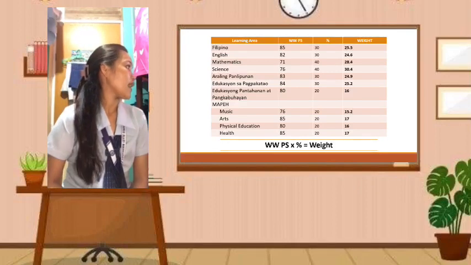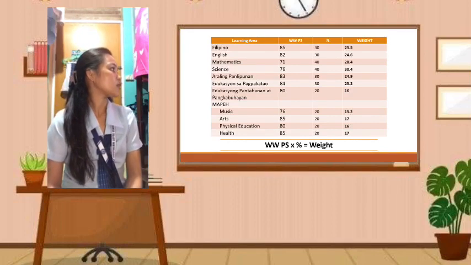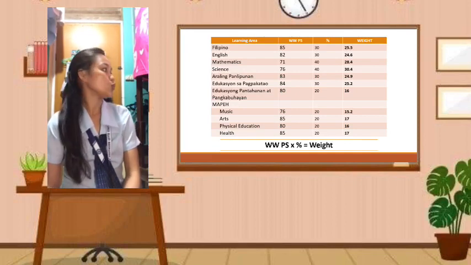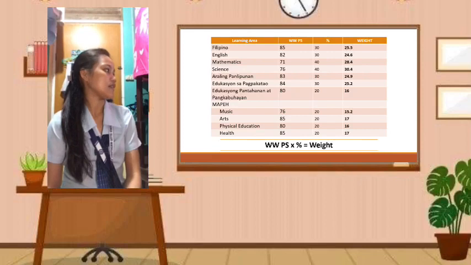So in Filipino, we have 85 times 0.30% is equivalent to 25.5. 82 times 0.30% is equivalent to 24.6. 71 times 0.40%, we have 28.4. 76 times 0.40%, we have 30.4. 83 times 0.30%, we have 24.9. 84 times 30% is equivalent to 25.2. 80 times 0.20% is equivalent to 16. 76 times 0.20% is equivalent to 15.2. 85 times 20% is equivalent to 17. 80 times 0.20% is equivalent to 16. And 85 times 0.20 sums up to 17.